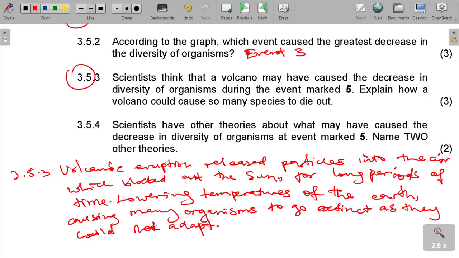Volcanic eruptions released particles into the air, which blocked out the sun for long periods of time, lowering temperatures of the earth, causing many organisms to go extinct as they could not adapt to the environmental conditions that are too cold, where the sun is not there. That is what is happening with regard to that question.